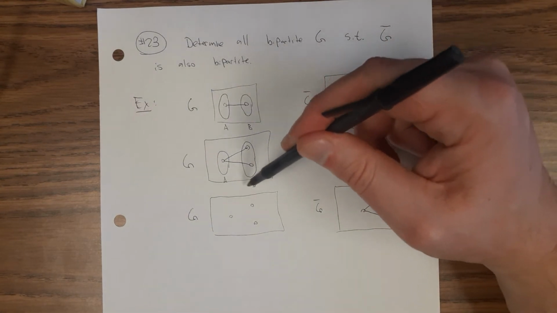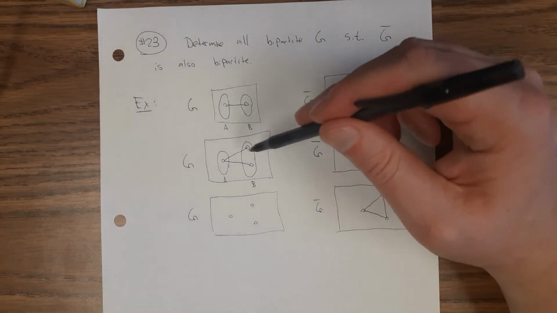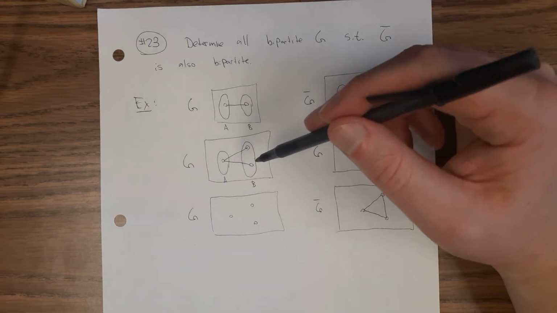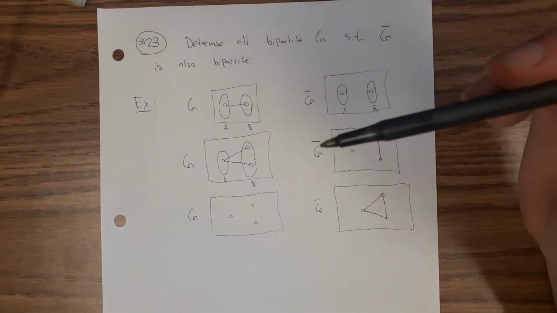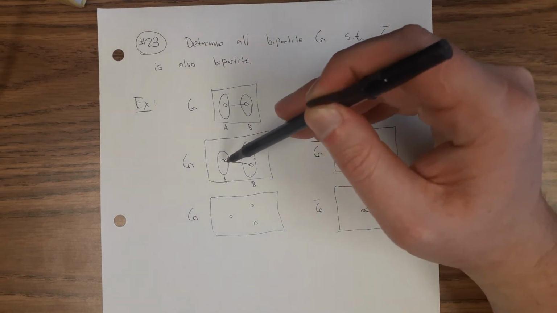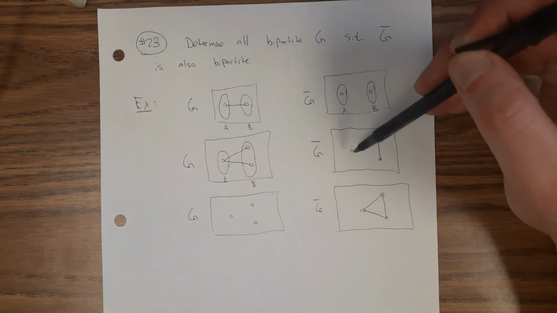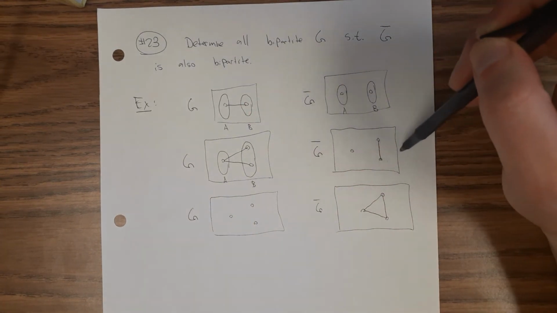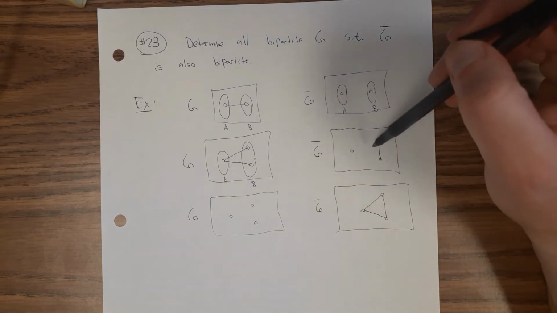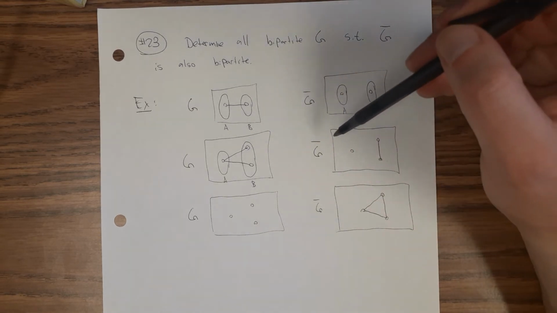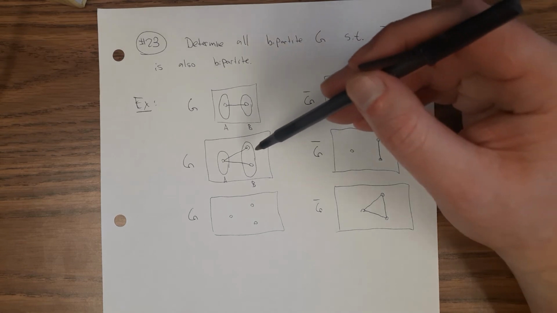The two sets are called the partite sets, or the bipartition of the graph. And what I'm telling you is the bipartition of G doesn't have to be the same as the bipartition of G complement. They can both be bipartite even if they don't have the same partition.